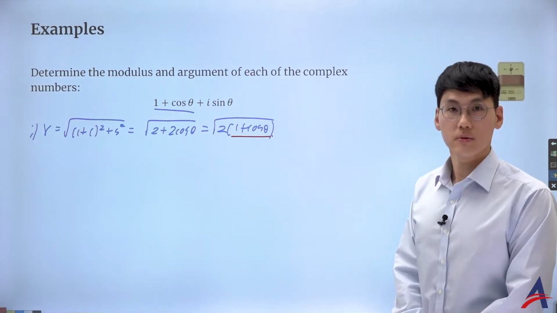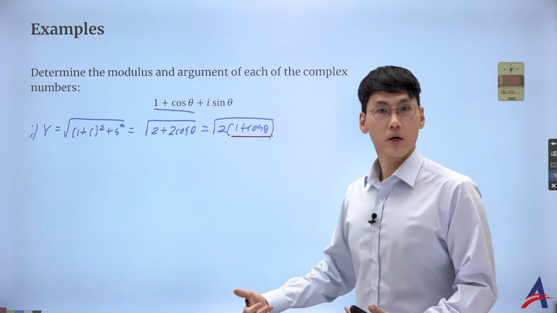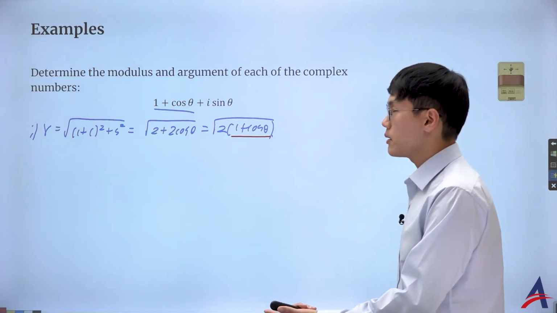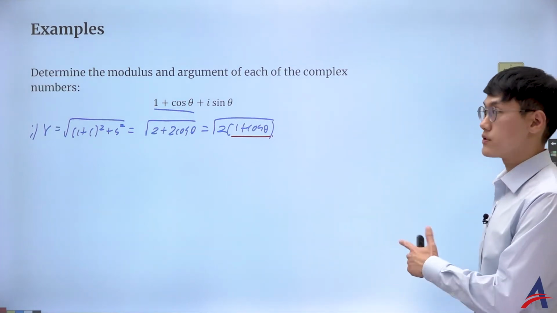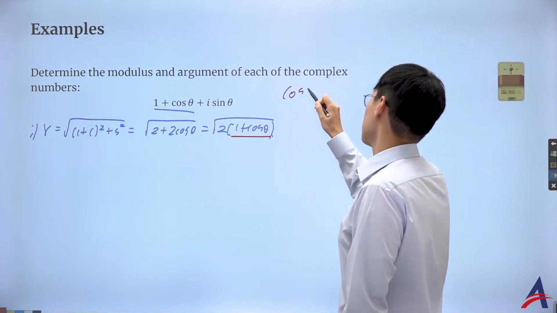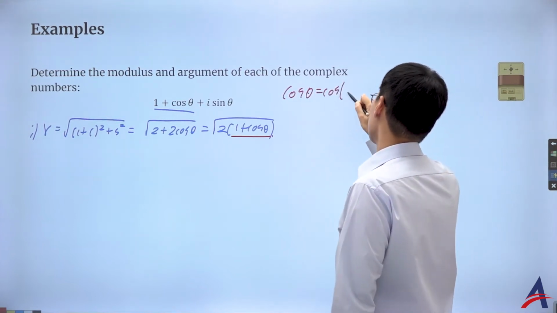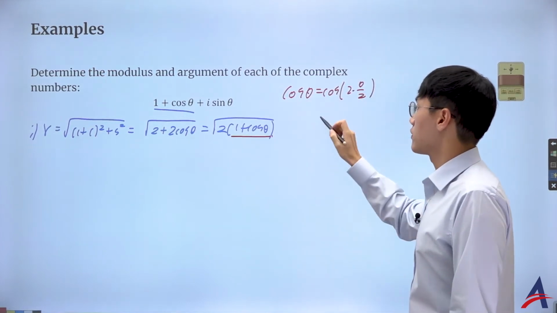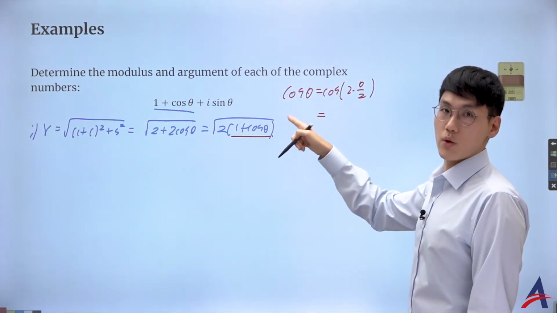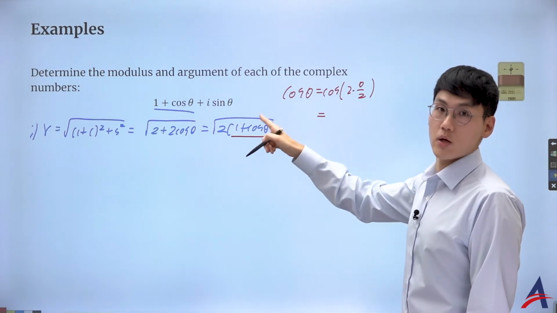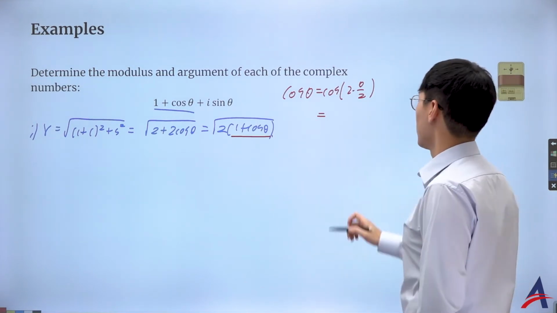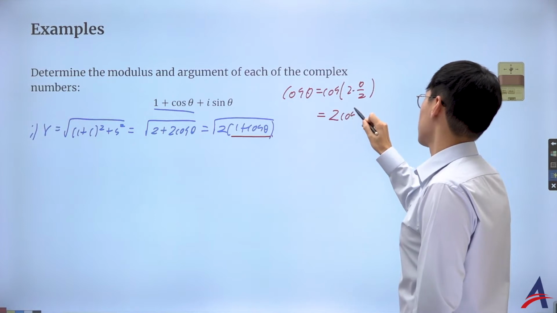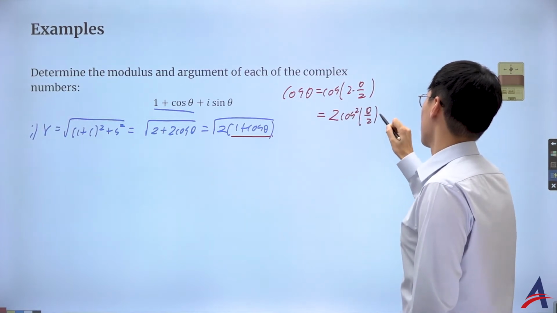So you should really be thrilled to see cosine paired up with the positive one or negative one. So for me, I'm going to let cosine theta in this case be cosine 2 times theta over 2. And that's going to be the same as, among 3 of the double angle forms of a cosine, the one that contains a negative 1 will nullify the existing positive 1. So I'm going to use 2 cosine squared theta over 2 minus 1.